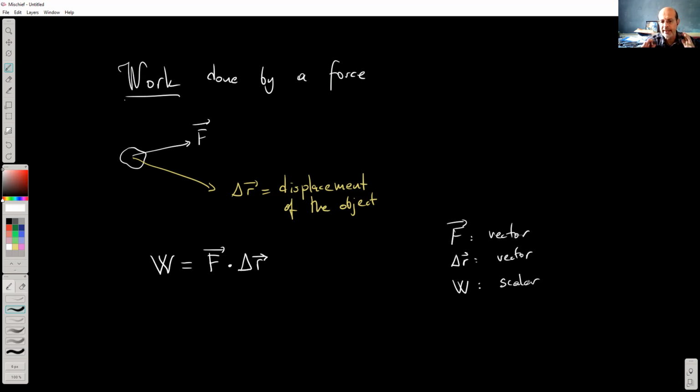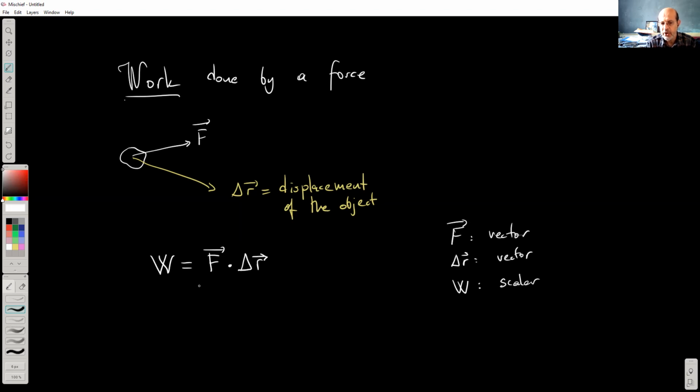That's one of the common mathematical relationships that you're going to see in all the physical relationships from now on. Somehow these expressions are consistent with the vector and scalar nature of the quantities.